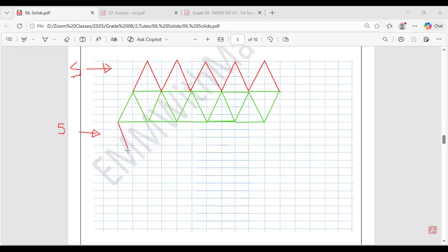Below as well, I have to draw the same. So this is the net of the icosahedron. Easy to remember. Right? Now this is completed. Don't change your color, but I have changed the color so you can understand it very clearly. Right?